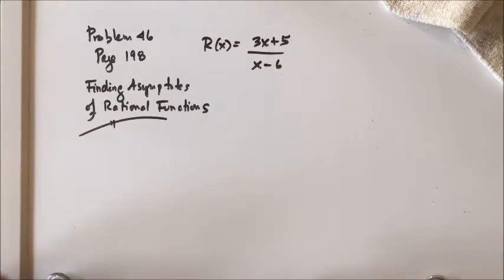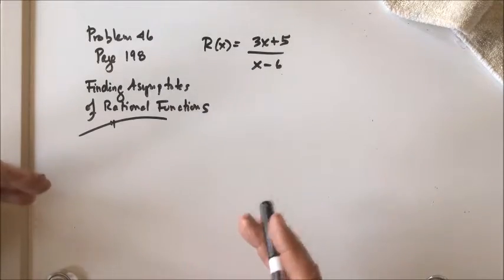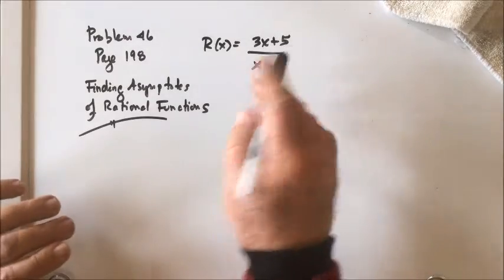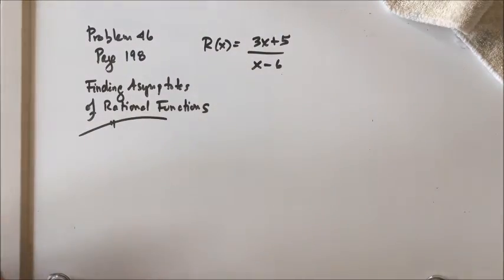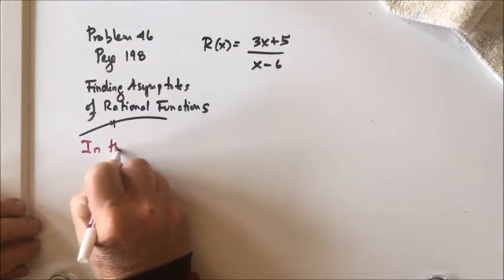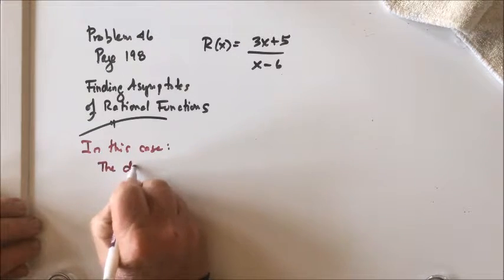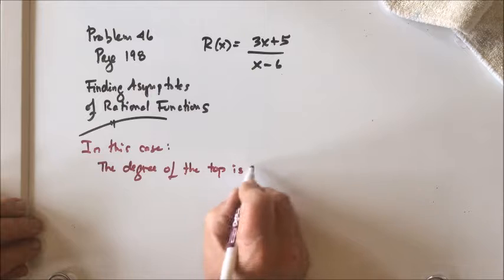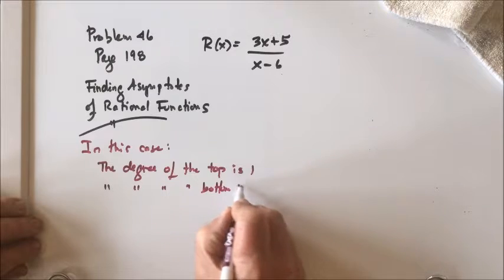So that's not the case here, okay? But this set of rules is what you use in order to determine what type of asymptote you're dealing with. In this particular case, let me write this down, the degree of the top is 1. The degree of the bottom is 1.